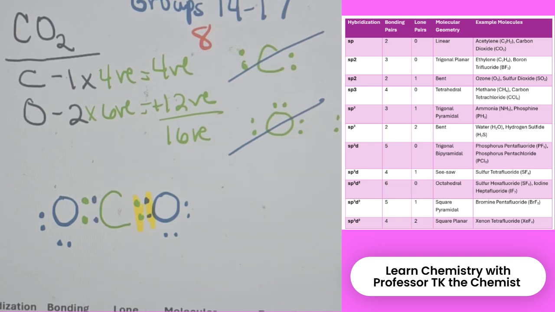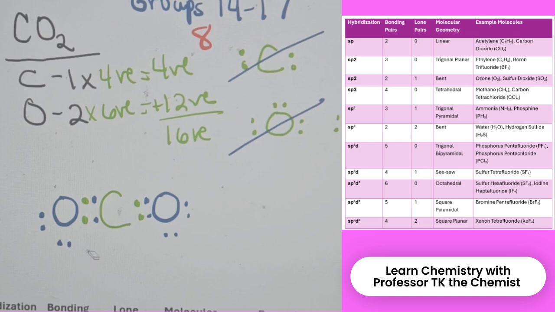So now carbon is satisfied. And oxygen did not lose anything because they are still sharing. So you've got 2, 4, 6, 8 for the carbon in the middle, 2, 4, 6, 8 for the oxygen on the right, 2, 4, 6, 8 for the oxygen on the left.